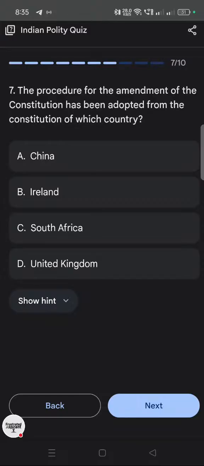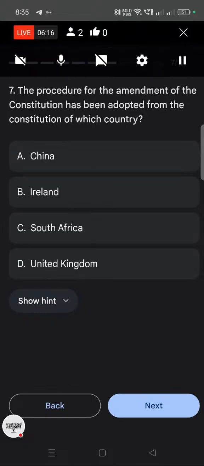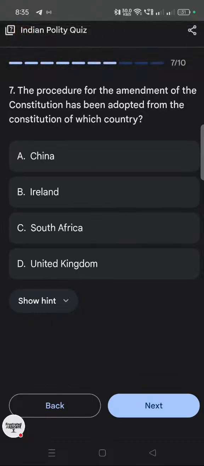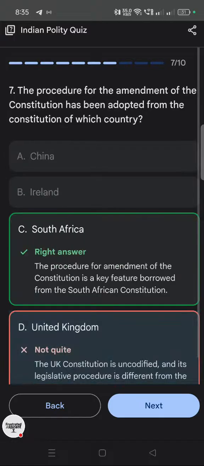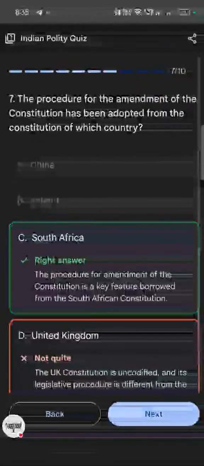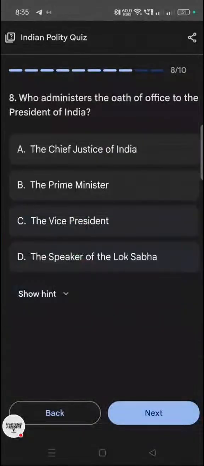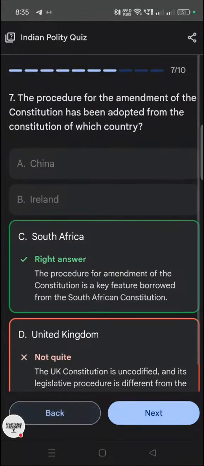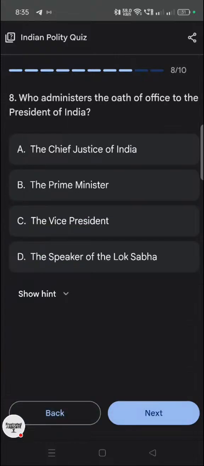The procedure for the amendment of the Constitution is a key feature borrowed from South Africa. The procedure for the amendment of the Constitution has been adapted from the Constitution of South Africa.